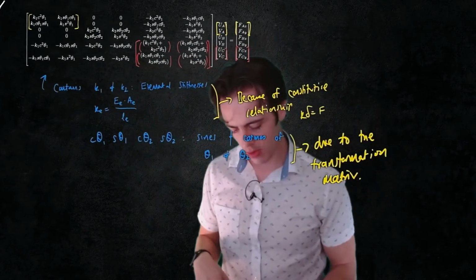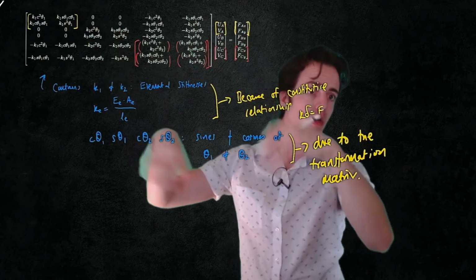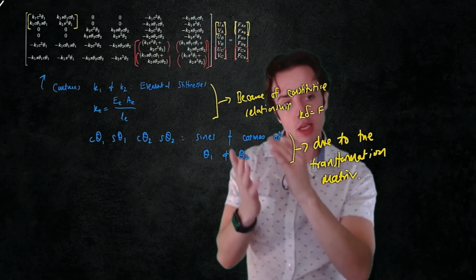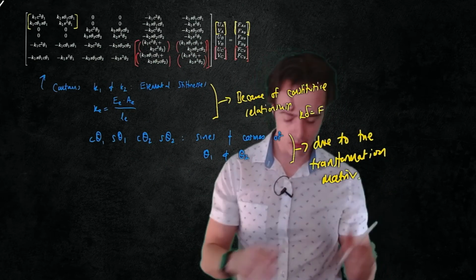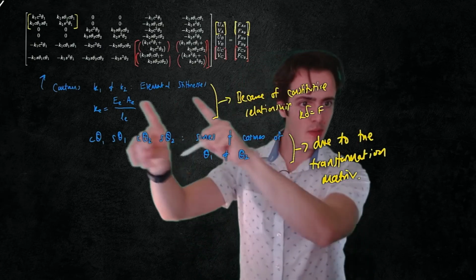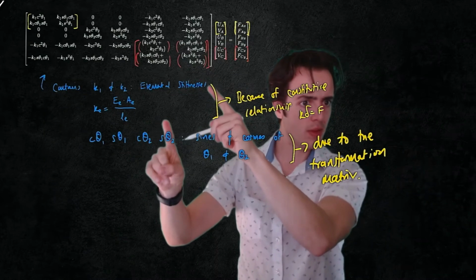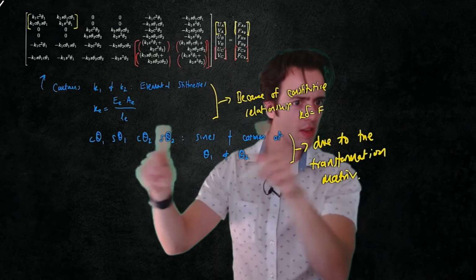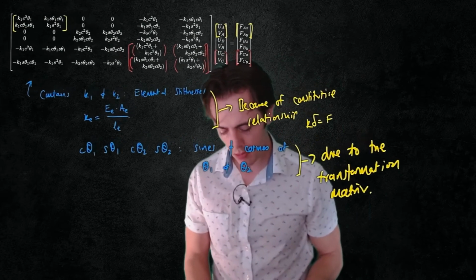So this matrix here is populated somehow due to the combined elemental stiffness matrices for each of those elements. And then we've got those K1s and K2s. Now we know those belong in the individual element stiffness matrices, and we've got these sines and cosines. So there's something going on with the transformation here as well.